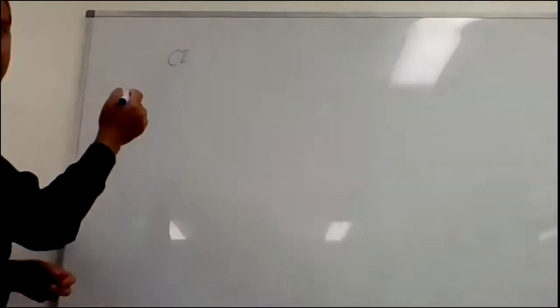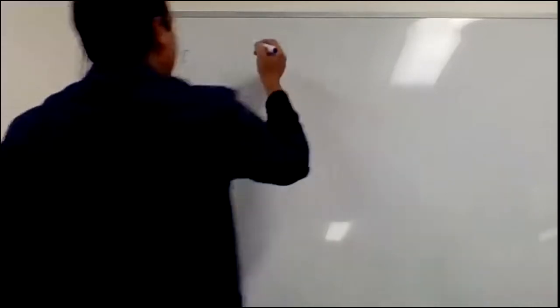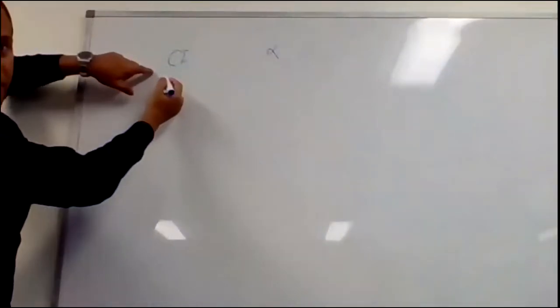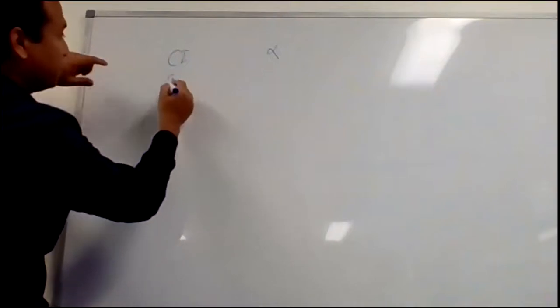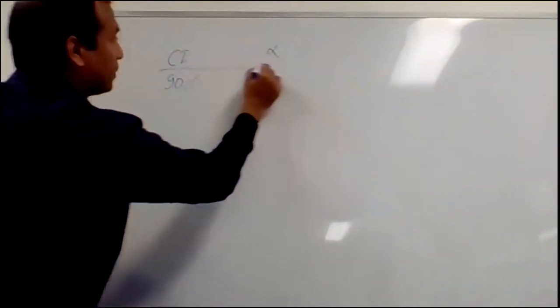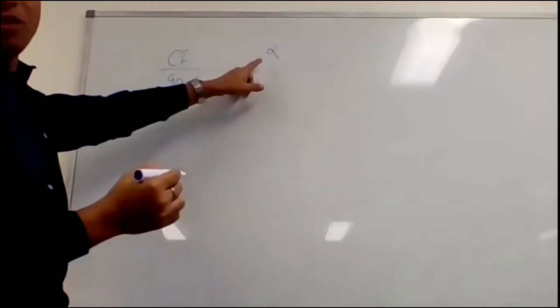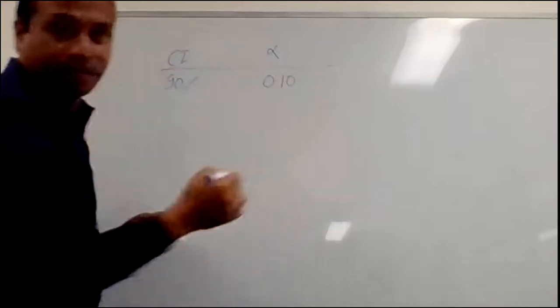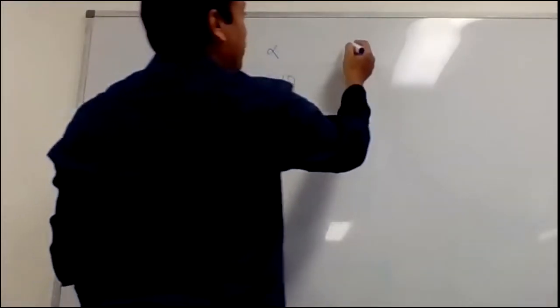So if the confidence interval is 90%, what will be the corresponding alpha value? 10%, that is 0.10. What will be alpha by 2?